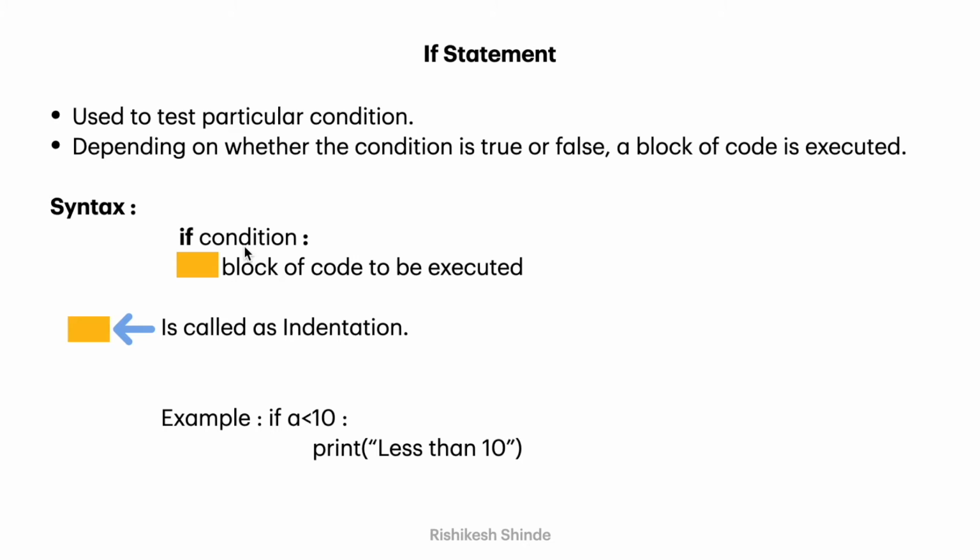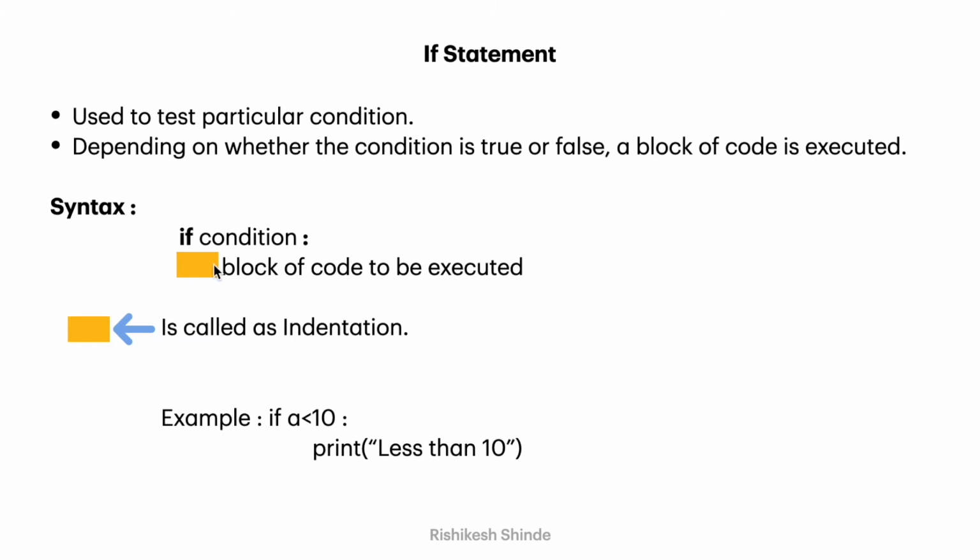The conditions can use comparison operators, and if we have many conditions to check, then we can use the and or or operator between those conditions. After writing the condition we give a colon, and the block of code that should be executed if the condition is true, we write under indentation.